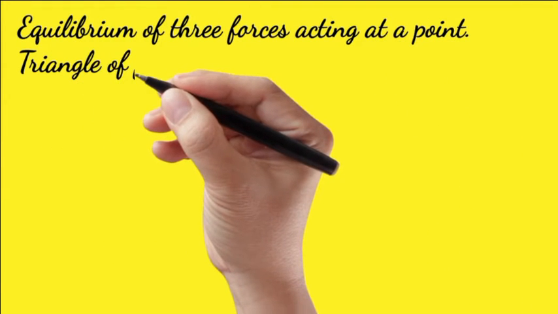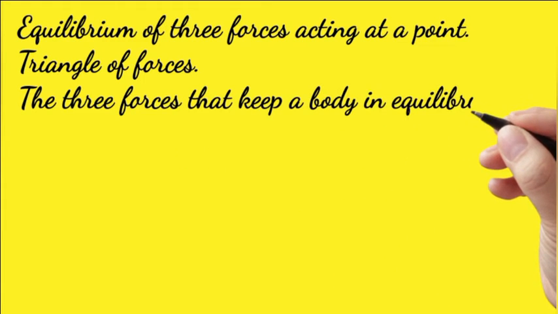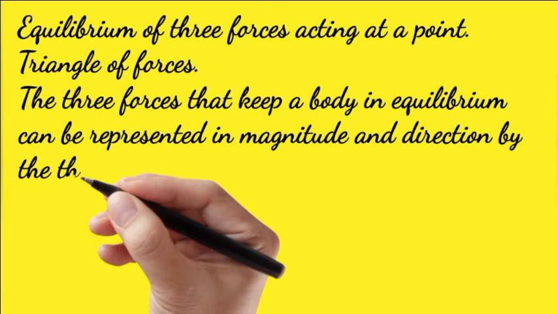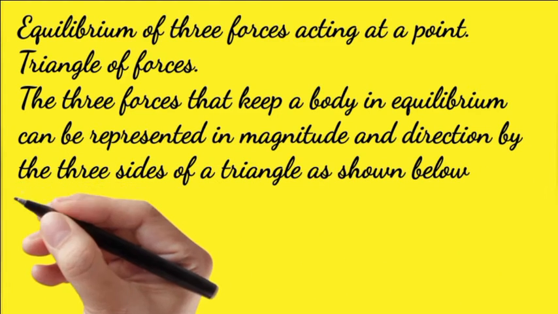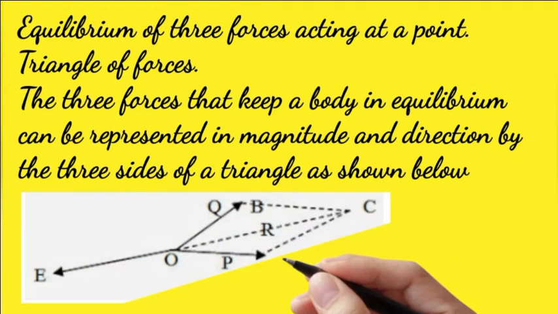So let's look at equilibrium of three forces acting at a point, the triangle of forces. The three forces that keep a body in equilibrium can be represented in magnitude and direction by the three sides of a triangle as shown below. So here is a figure.